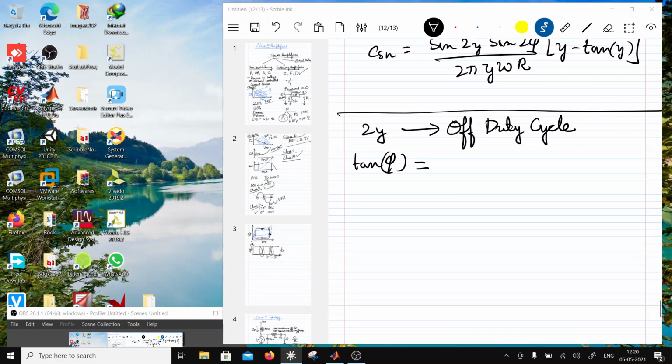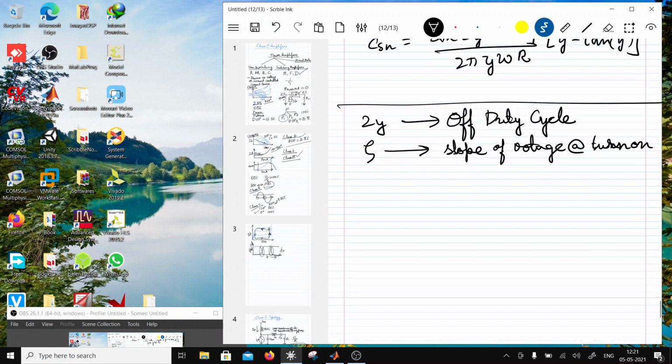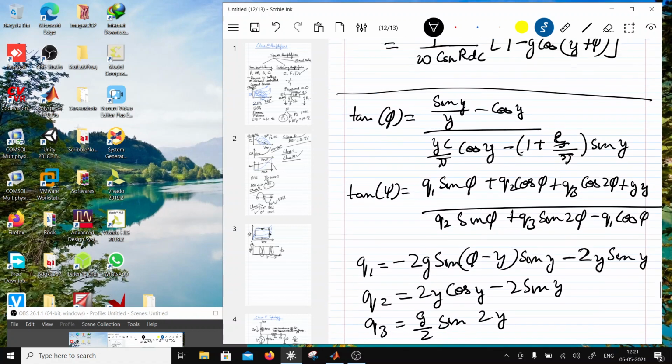Let me write down slope as xi. So this is the slope of voltage at turn on, correct? And then you have tan of phi equal to this thing which we have derived here.